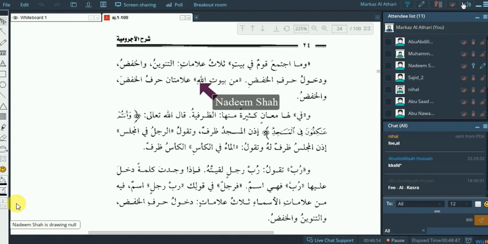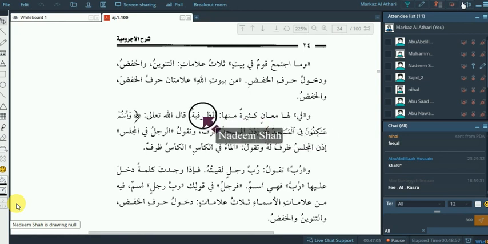And also lafz al-jalala, again alif and lam and kasra. The Shaykh says في لها معان كثيرة, fi has many meanings, منها الظرفية. You may know the word al-zarf, zaa raa faa. Zarf means an envelope in the Arabic language.